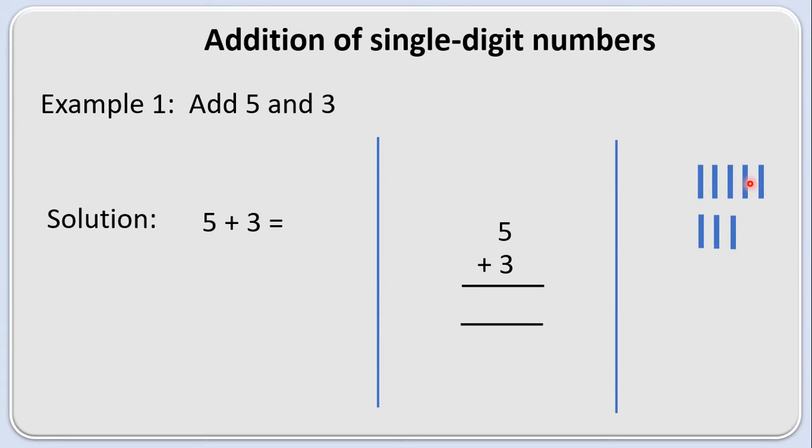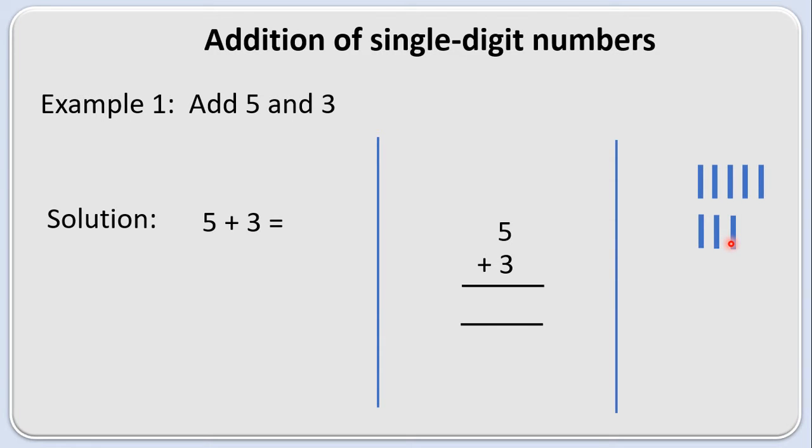Here I have drawn 5 lines and here 3 lines. Now the total number of lines drawn here will give the answer for adding 5 and 3.